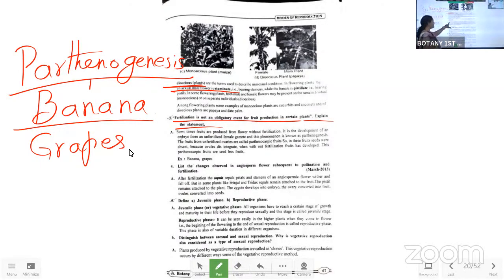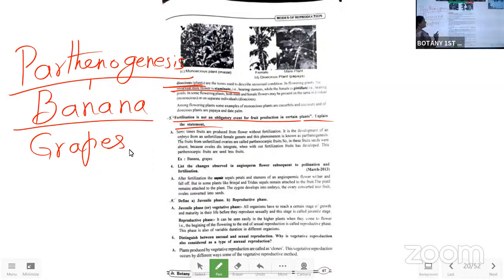So what we have to write over here, the first statement: in some plants, the fruits are formed without fertilization. Okay, and in this, the male gametes never fuse with the female gametes to form a diploid zygote, but the ovary turns into the fruit and the ovules never turn into the seeds. So that type of fruit formation is called parthenogenesis.